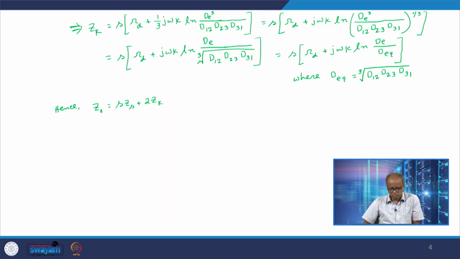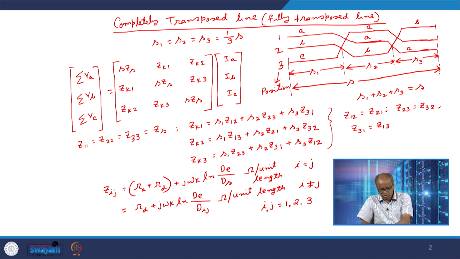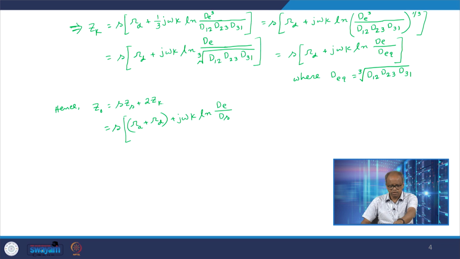So then, if I take s common, it is Ra plus Rd plus j omega k log dE by ds. So, this is the expression of Zs, and then 2Zk, we got this expression of Zk from here.